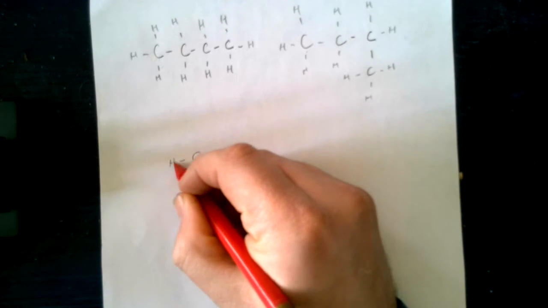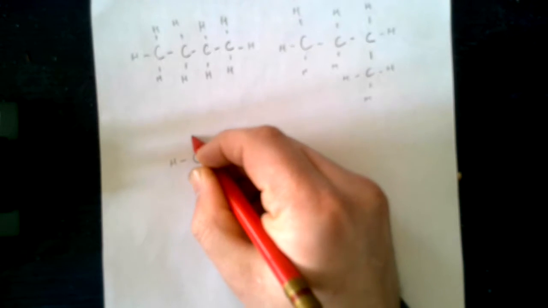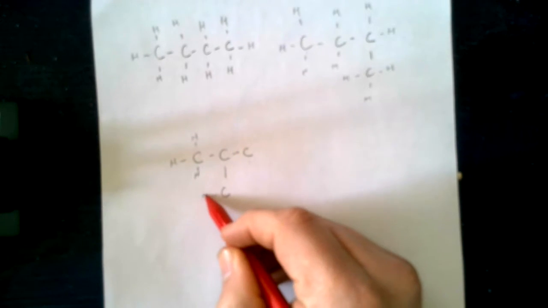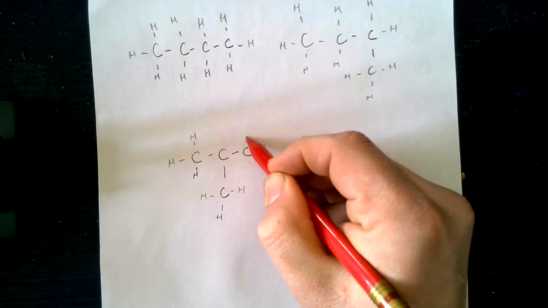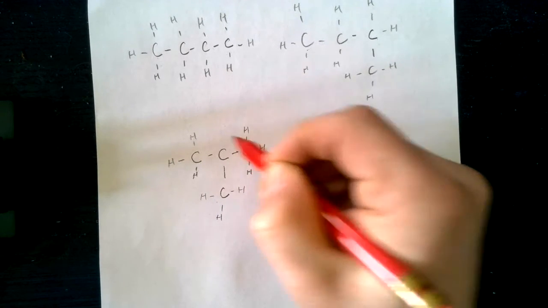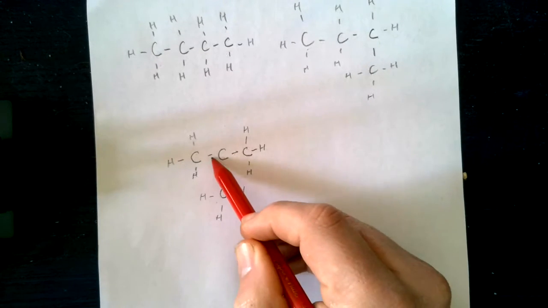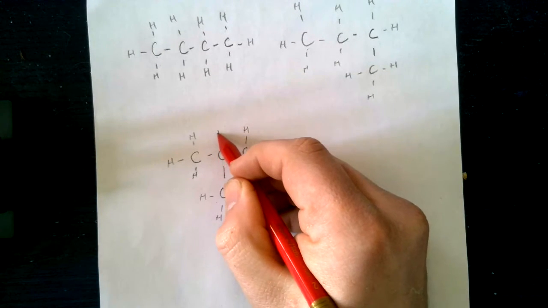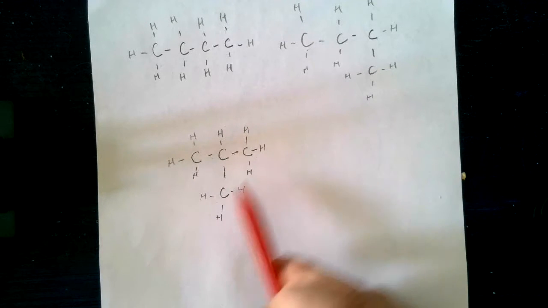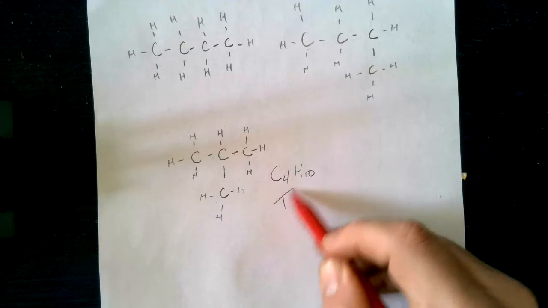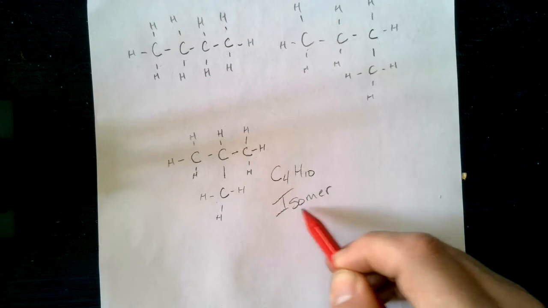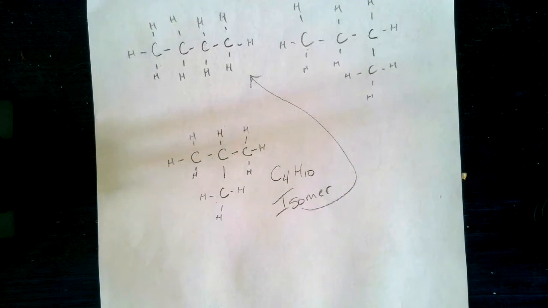We'd put 3 here because there's only 1 bond on this carbon. We'd put 3 here because there's only 1 bond to this carbon. We'd put 3 here because there's only 1 bond to that carbon. And here, this carbon, 1, 2, 3, would only receive 1 H. And by counting all of those up, you would get C4H10, which is an isomer of that.